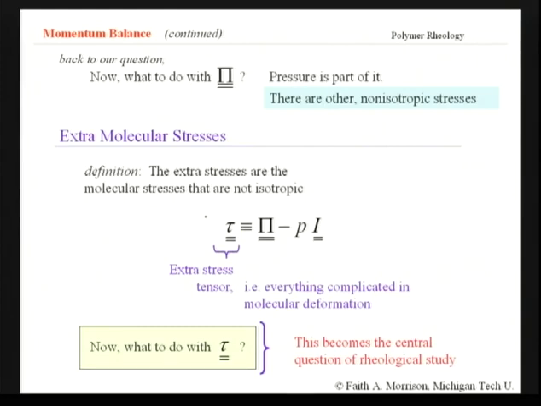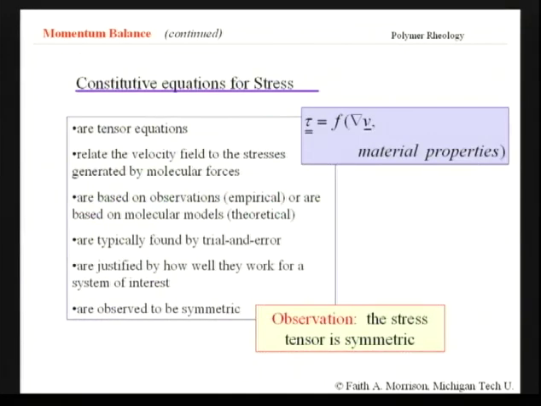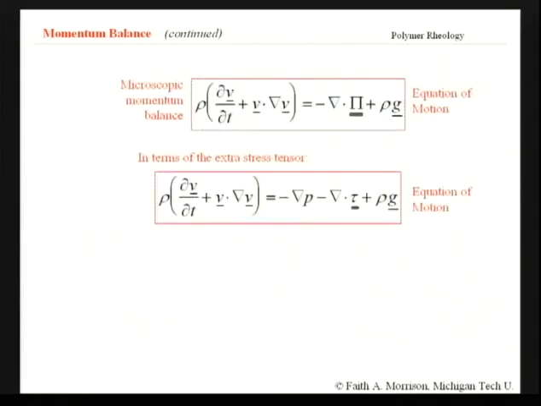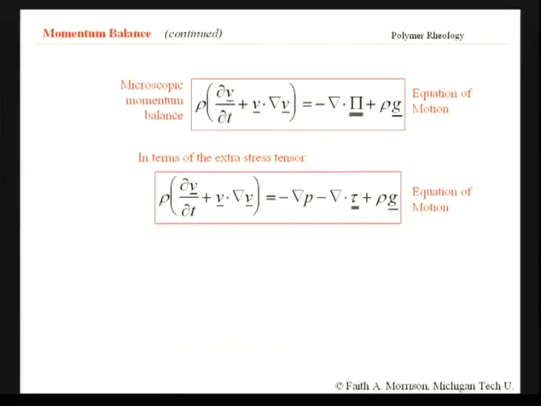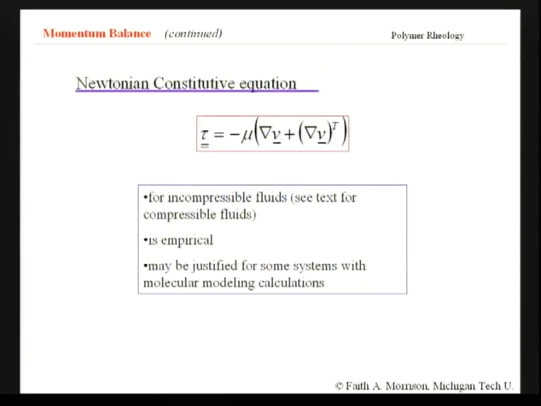Now, we're moving on to how to study the extra stress tensor. But as you know, in the homework and this section, we talked about this stress tensor in the microscopic momentum balance. And in order to do that, we needed the relationship between that stress tensor and the velocity.